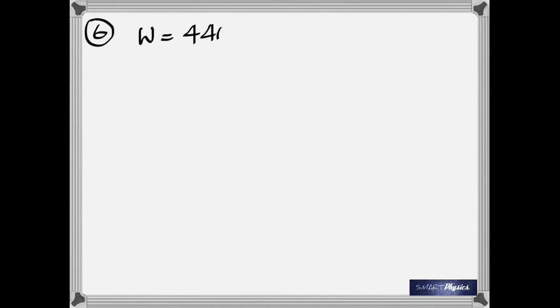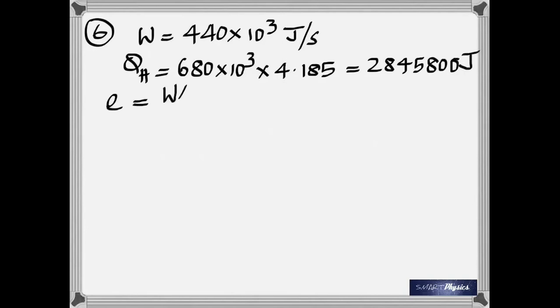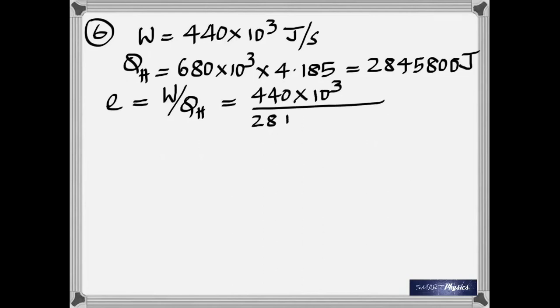Number 6. That's the power, work done per second. I've changed kilocalories into joules. That gives an efficiency of 15%.